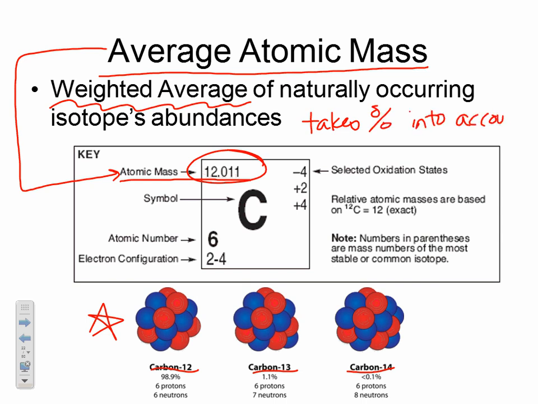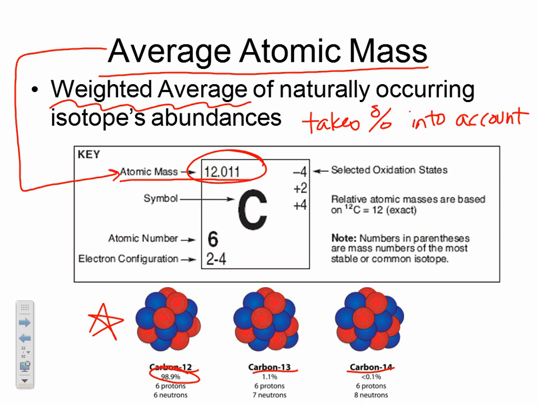A weighted average says, hey, 98.89% of the carbon that's out there is carbon-12. It would be unfair to say that the average of these 3 isotopes is 13 when almost all the carbon that exists is carbon-12. So we're going to weight the numbers. We're going to give more weight to the mass that occurs more frequently, to the mass that has the higher percentage.